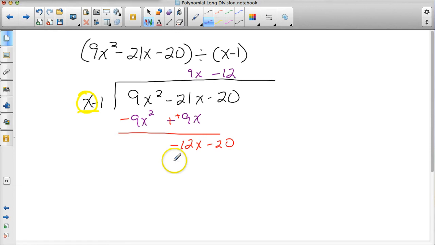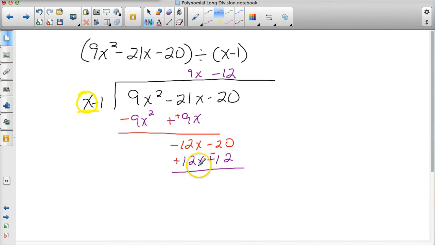Negative 12 times x is negative 12x, and negative 12 times negative 1 is positive 12. Remember that a negative times a negative is a positive. But we're also subtracting, which means that if we subtract a negative, we add a positive.